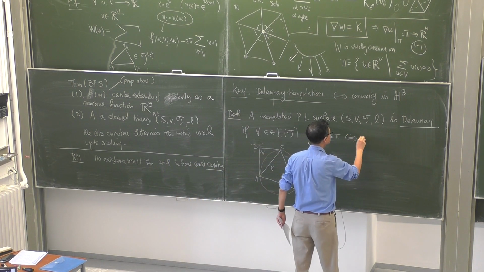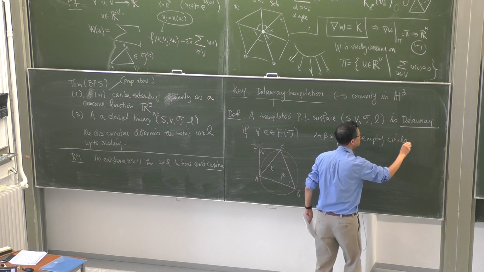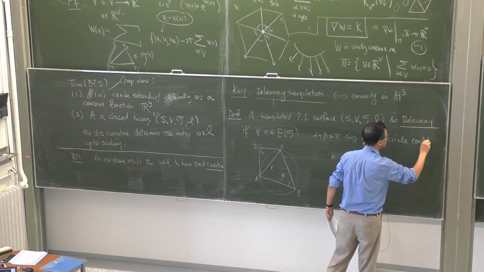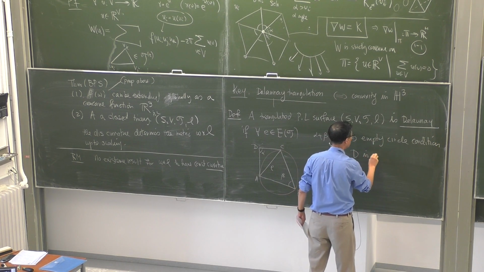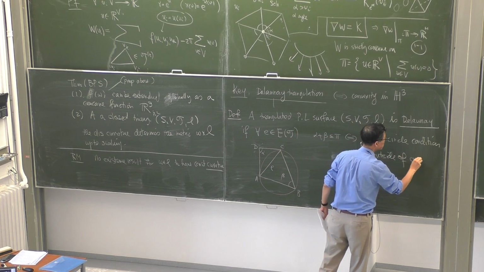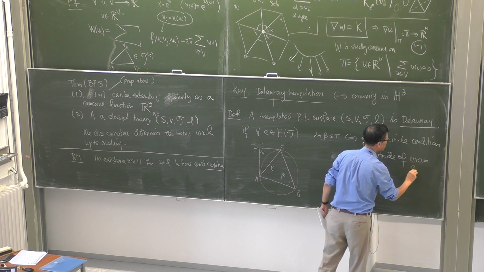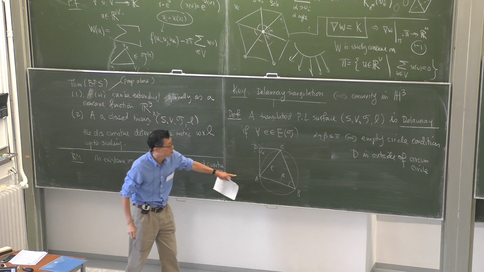Sometimes this is called the empty circle condition. And that's exactly the convexity in hyperbolic space.